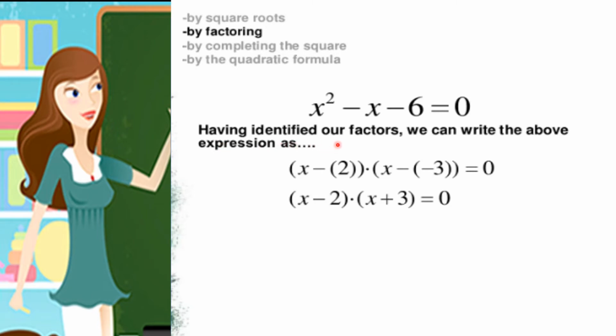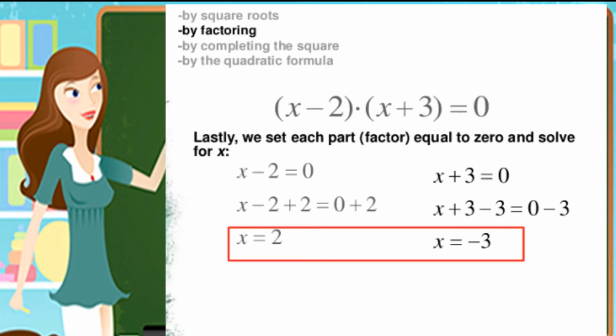So, having identified our factors, we write the above expression as x minus 2 and x minus negative 3 is equal to 0, or x minus 2 times the quantity x plus 3 is equal to 0. Then, we have x is equal to 2 and x is equal to negative 3.